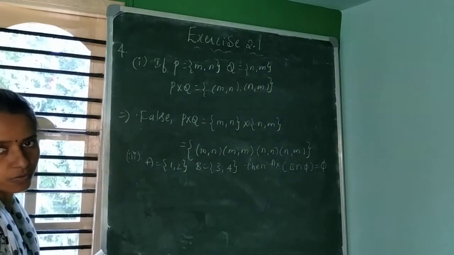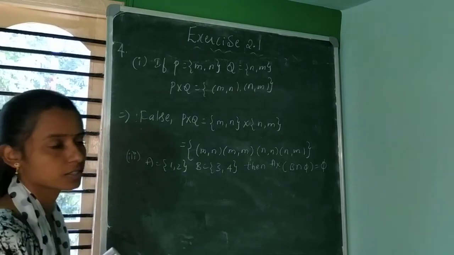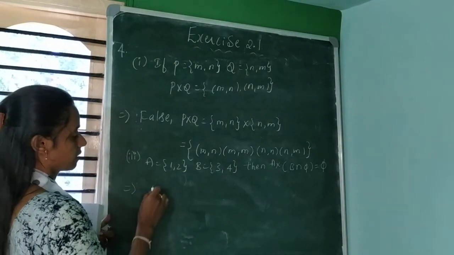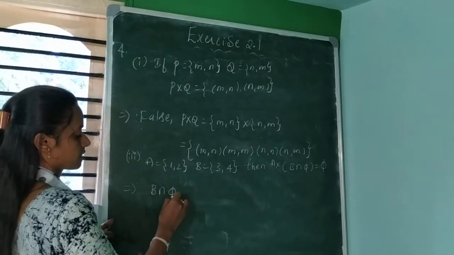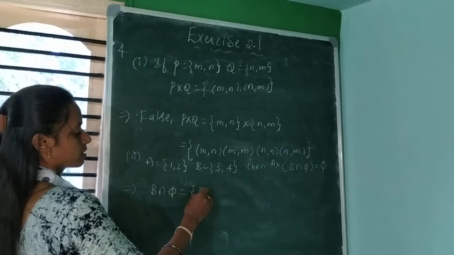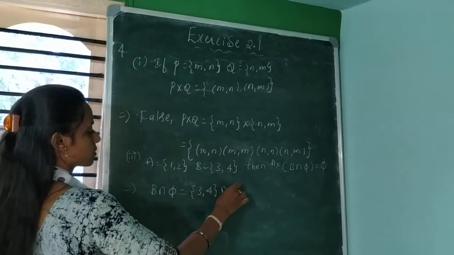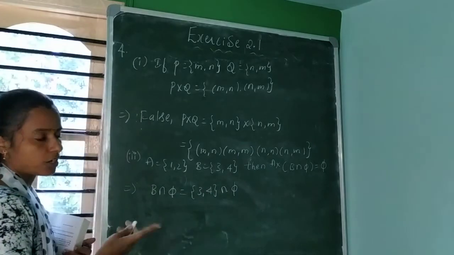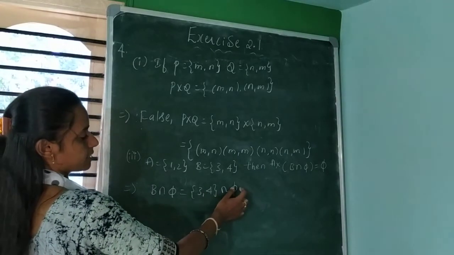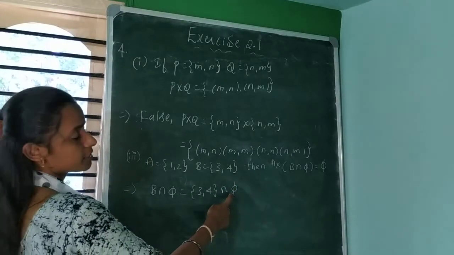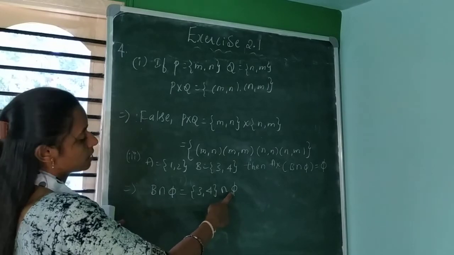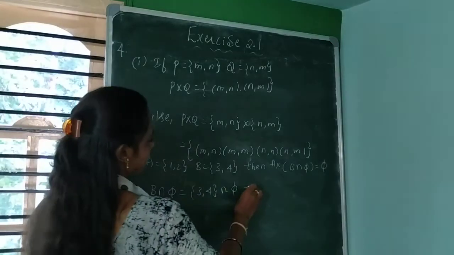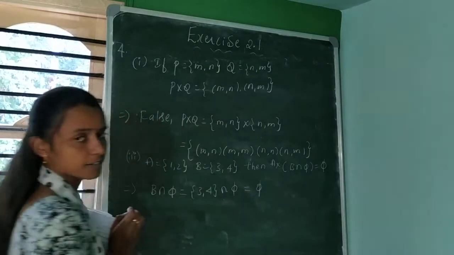Is it so? You just check. Go with the intersection first: B is {3, 4}, intersection with null. If you compare the two sets, what is common? Null means there are no elements, so the intersection will be null itself, right?